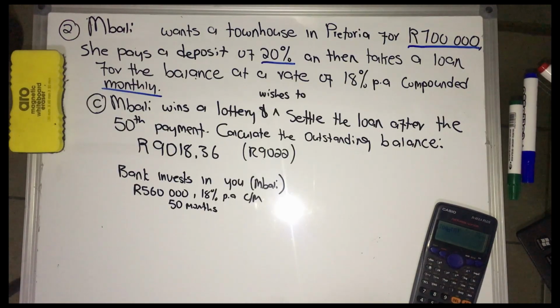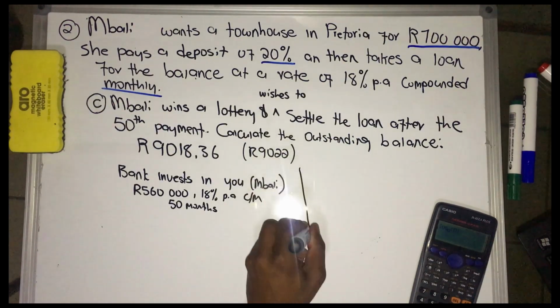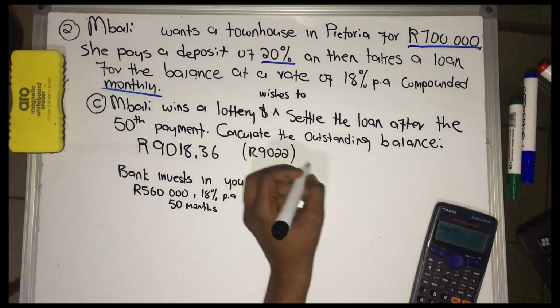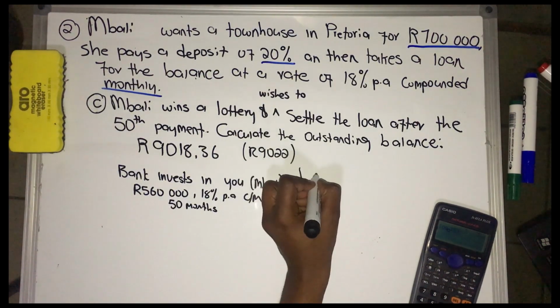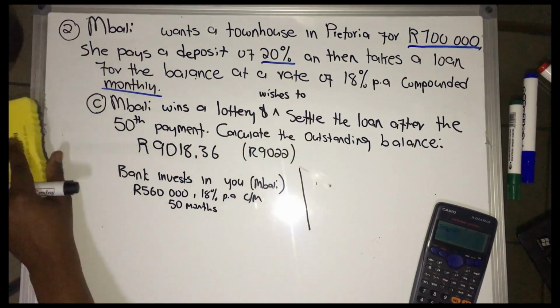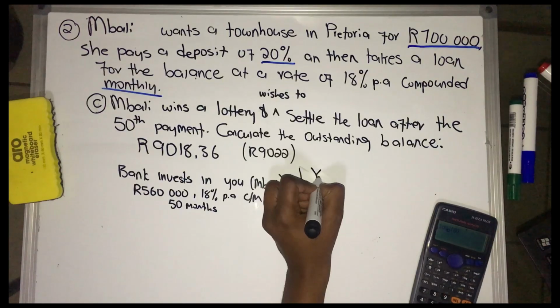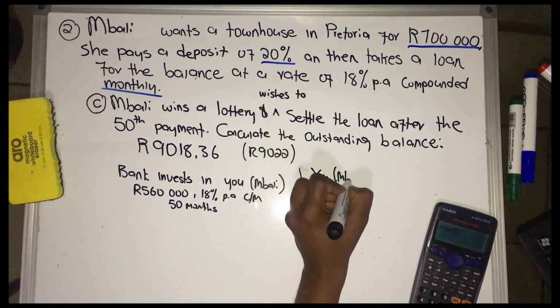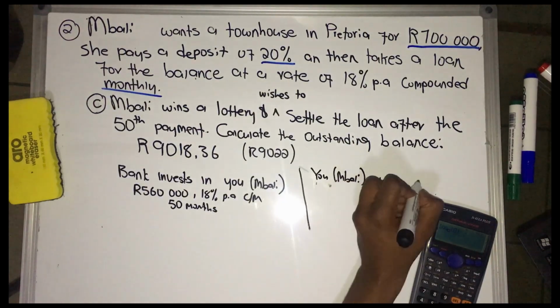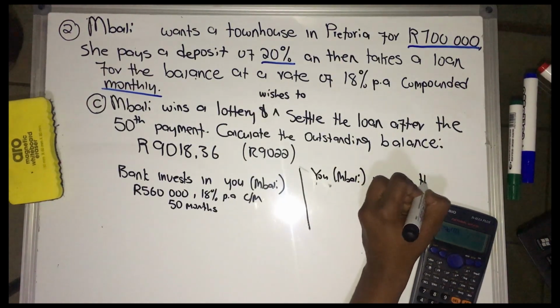Okay, and then the other side of the coin looks like this. You're investing every single month. So you, or Mbali, invest in the bank.